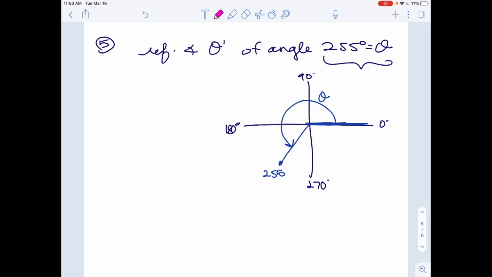Now, our reference angle, which we call theta prime. Remember, a reference angle is always to the x-axis. So we're starting at the end, and we're going to draw it up to the x-axis. So this angle right here is what we call theta prime. In order to find theta prime, I just want to know this amount in here.